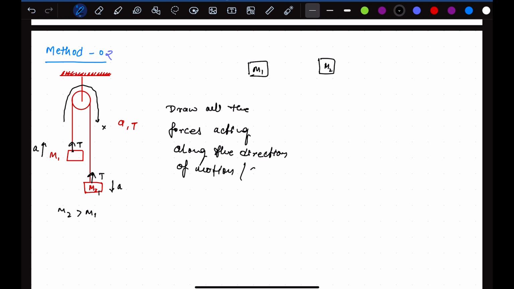For example, m2g is acting downward, m1g is also acting downward, and there is a normal on the string. These are the external forces, and of course the tension is there. Tension will be external for the individual masses and internal for the complete system.